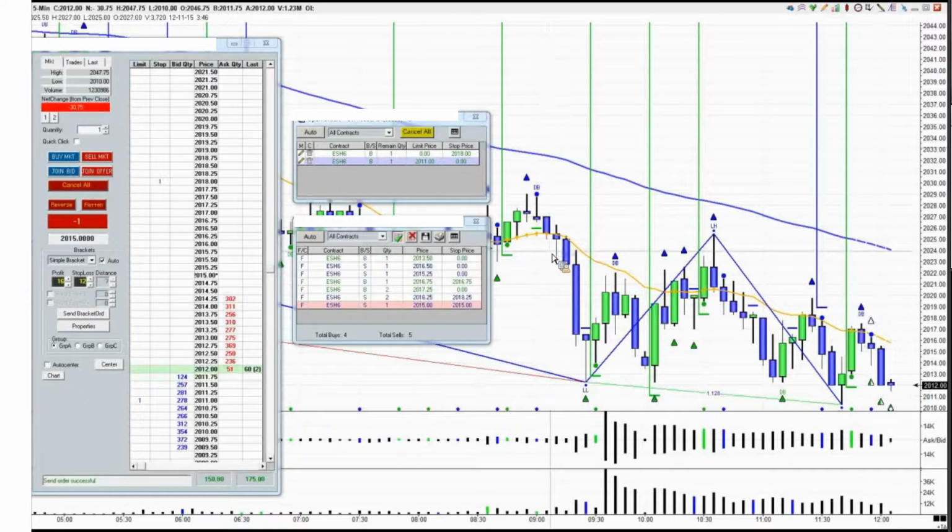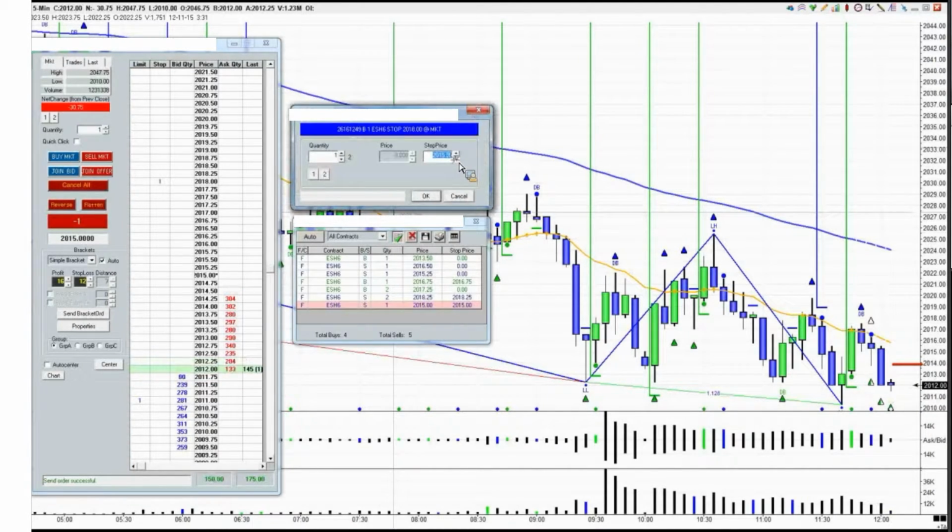This is a very rare instance right now, because of this drop and where we're at, I want to bring my stop down to maybe 2014. I'm going to bring my stop to 2014 and actually guarantee a win on this trade.